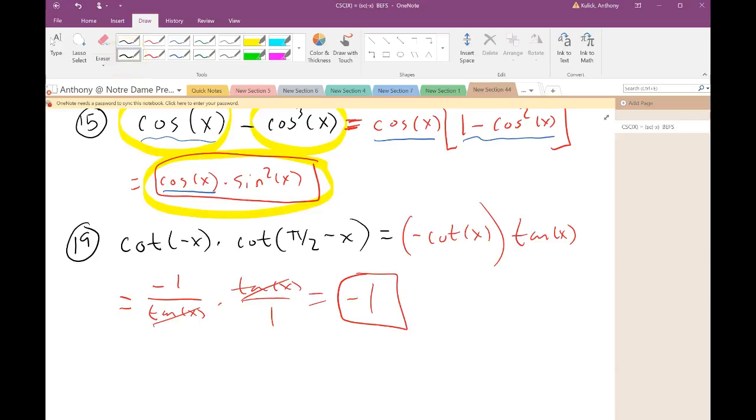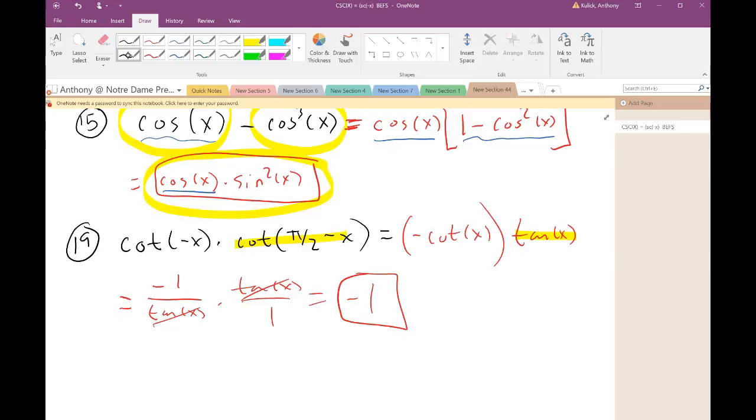Sure. So this piece turned into this piece. And there was an identity that gave us exactly that. It was one of the, what did we call those? The cofunction identities.